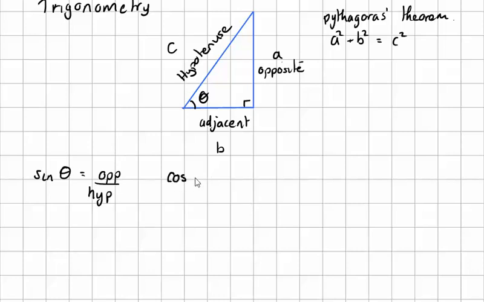The cosine of the angle is adjacent over hypotenuse. The adjacent side divided by the hypotenuse. And finally, the tangent of the angle is what? Opposite over adjacent. The opposite over the adjacent.